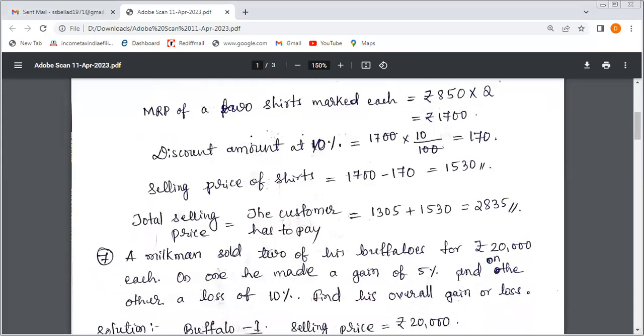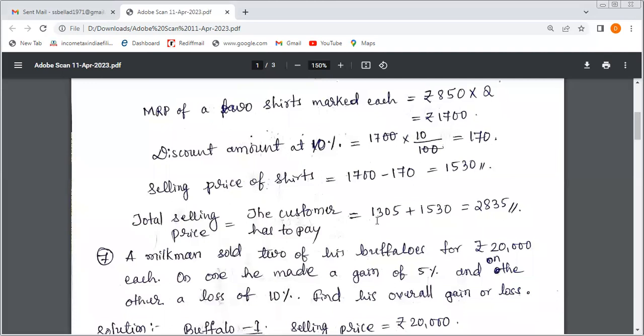Now the total selling price, that means the amount to be paid by the customer to the shopkeeper, is the sum of two selling prices. This is the selling price of jeans and this is the selling price of shirts.